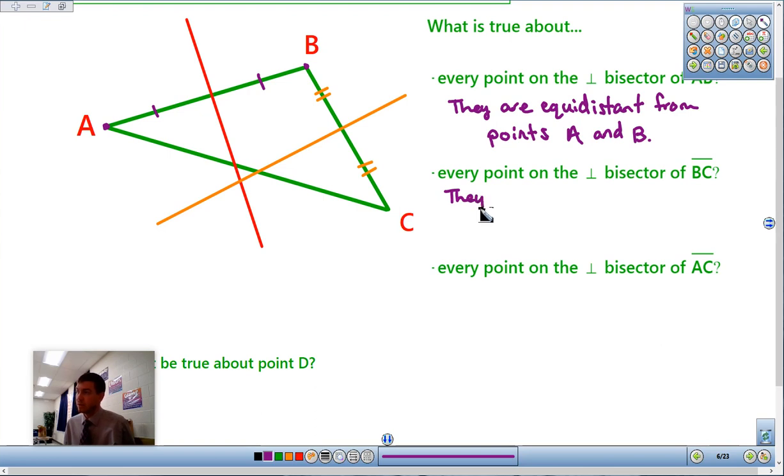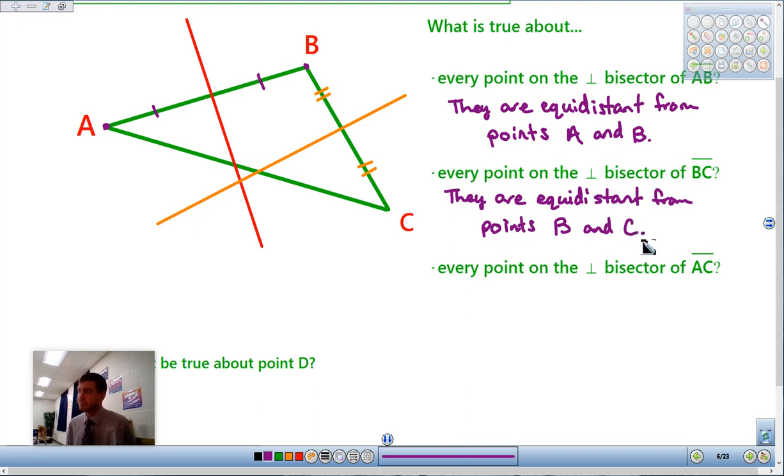They are equidistant from points B and C. So if every point on the red line is equidistant from A and B, and every point on the orange line is equidistant from B and C, what would be true about that one? Think about that. Let's move forward here.